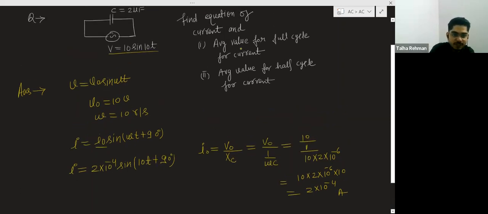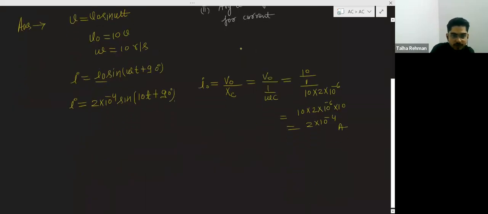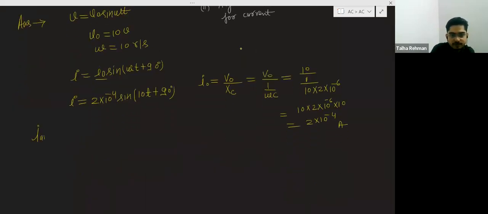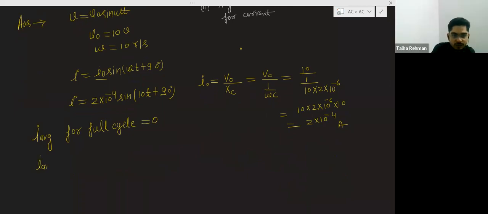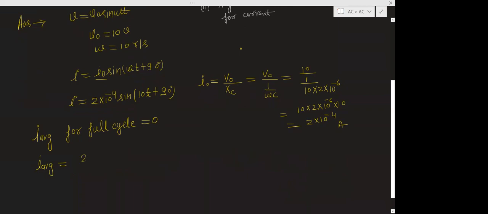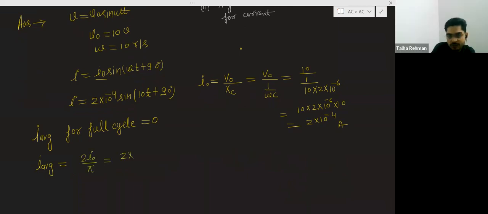We know that the average value of the current for full cycle is equal to 0. And the average value of the current for half cycle is equal to 2 I naught by pi. So I naught is 2 into 10 to the power minus 4, divided by pi. So you will get this value in ampere.